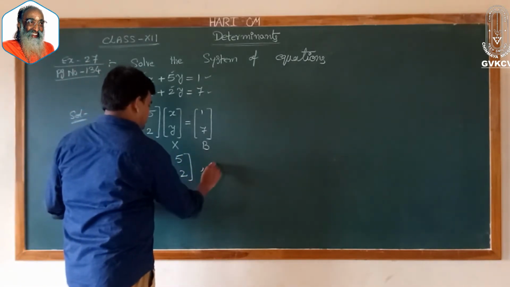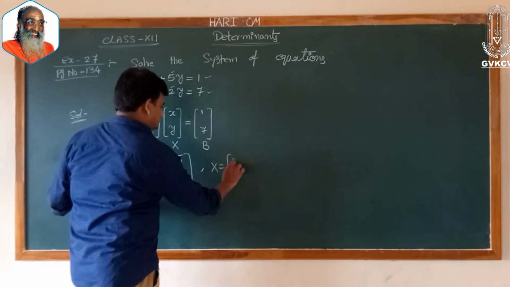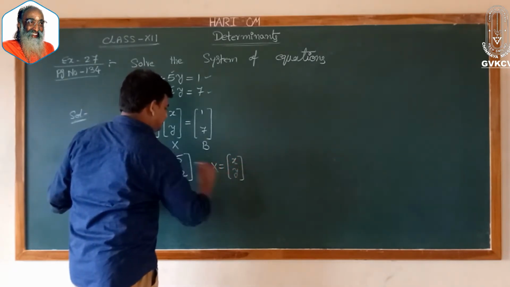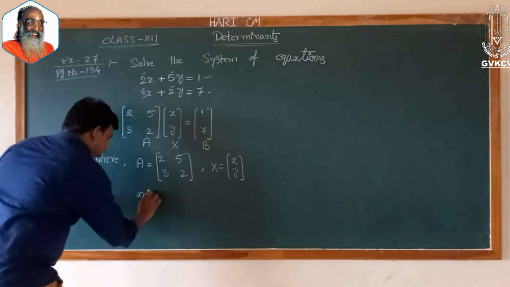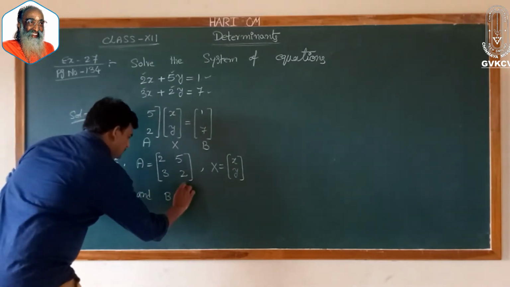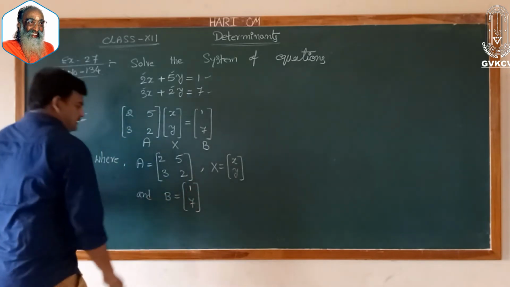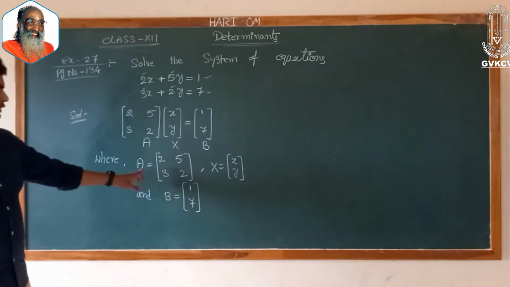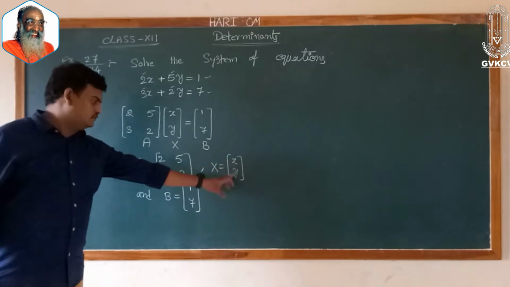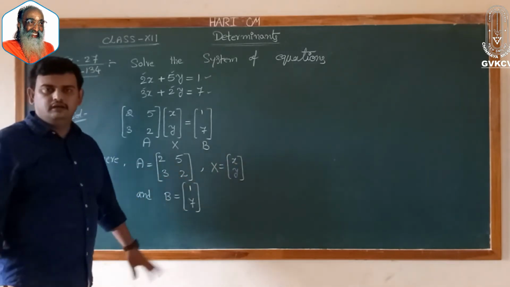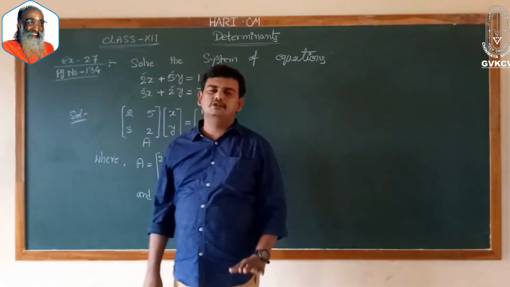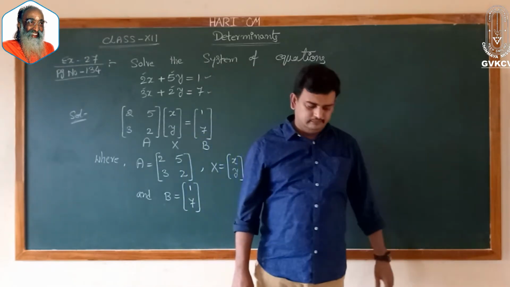The variable matrix X is x, y. And matrix B is 1 and 7.